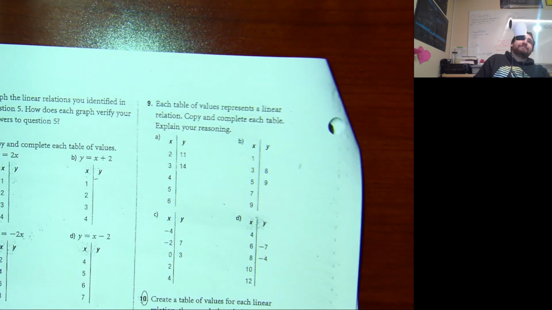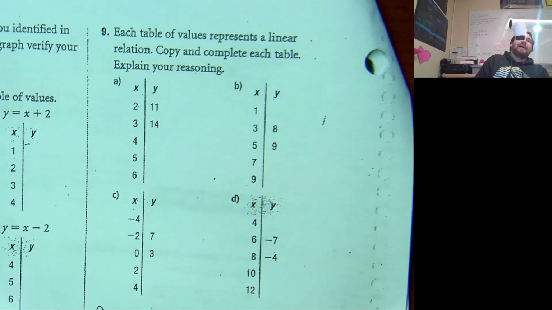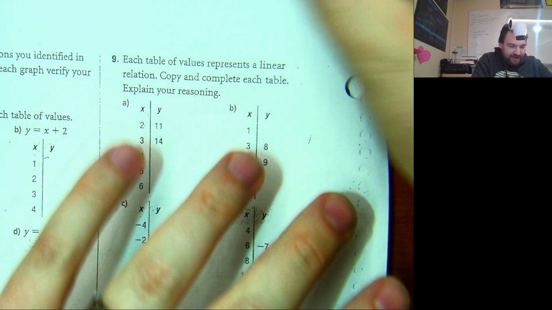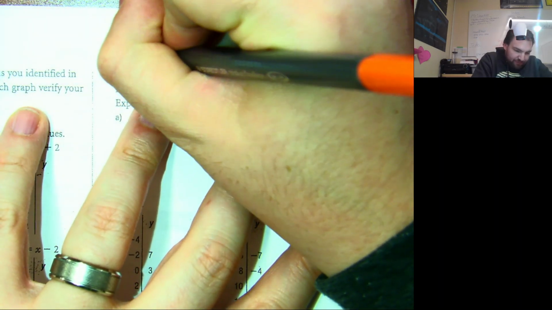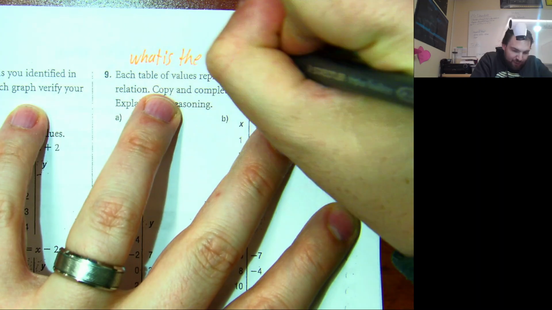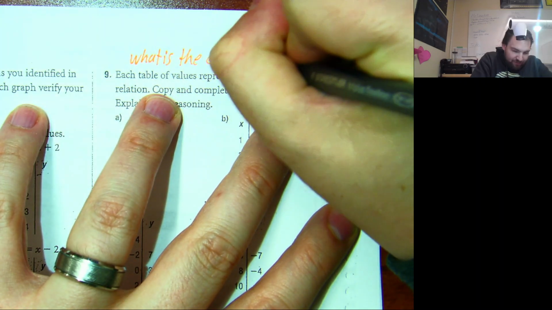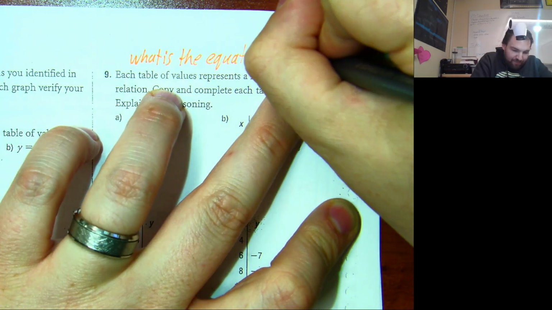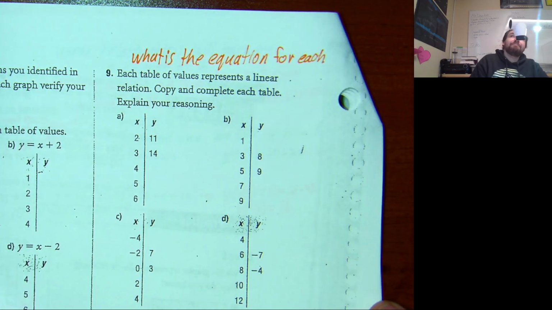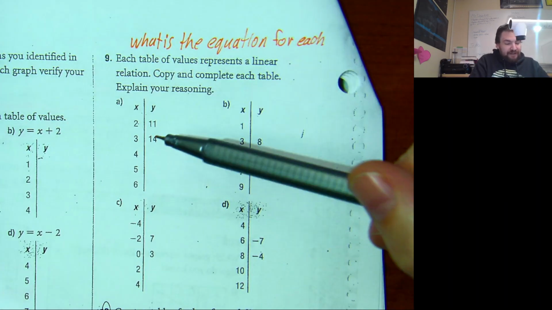I'm going to add something to question number 9. For question number 9, flip over here. I want to add something to your homework: what is the equation for each? You're going to fill in the table of values.